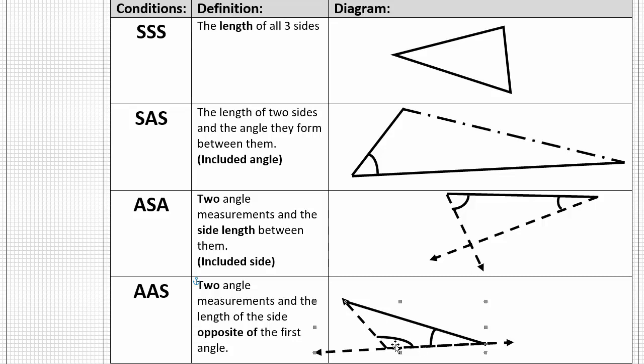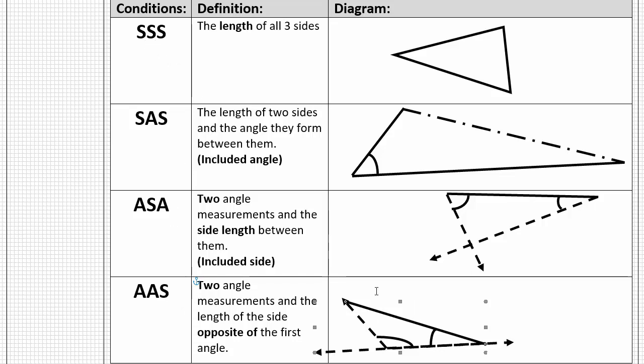Given two adjacent angles and the opposite side length. So once again, this is our fourth condition, that if we're given two adjacent angle measurements and a side opposite of that first angle, we will be able to know exactly what triangle they're talking about because it will only create one unique triangle. So these are the four conditions.